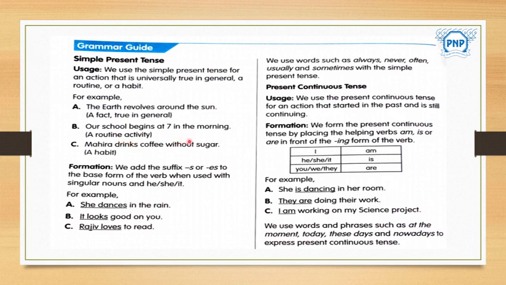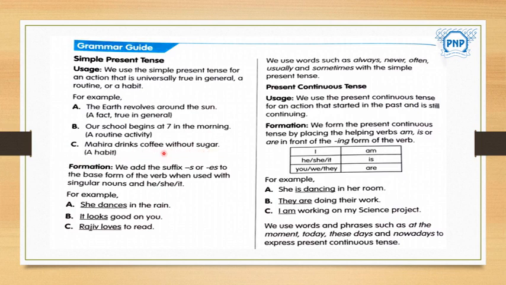Second, our school begins at 7 in the morning, which is something repeated daily. It's a routine. Okay, our school begins at 7 in the morning. It's a routine activity, correct? And hence we can use simple present tense here as well. Last, which is all about a habit. Mahira drinks coffee without sugar.